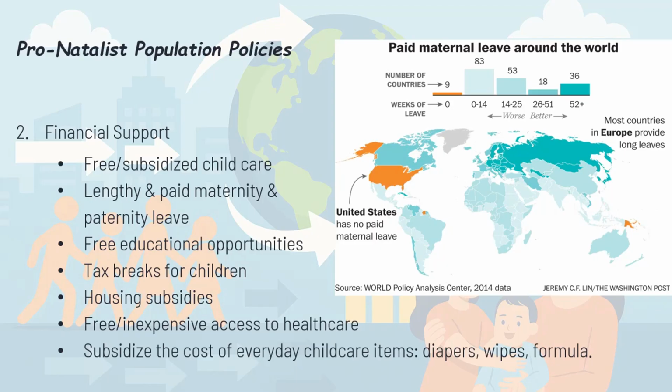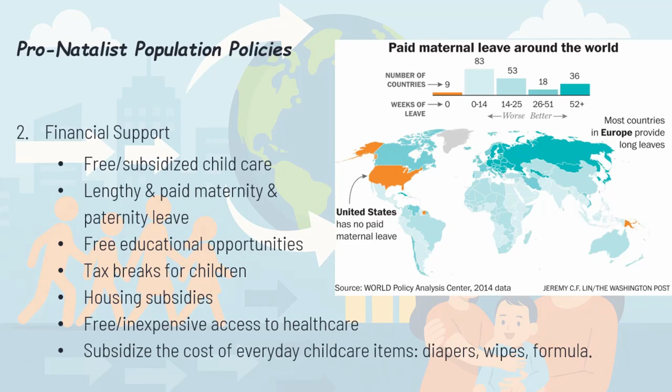Basically, it's the government saying, hey, we can't help you with the sleep deprivation, but we can help pay for the diapers. If you look at the map, you'll see that most European countries are really generous with maternity leave. Some offer over a year of paid time off. Meanwhile, the United States, well, let's just say it's not leading the pack in that department.